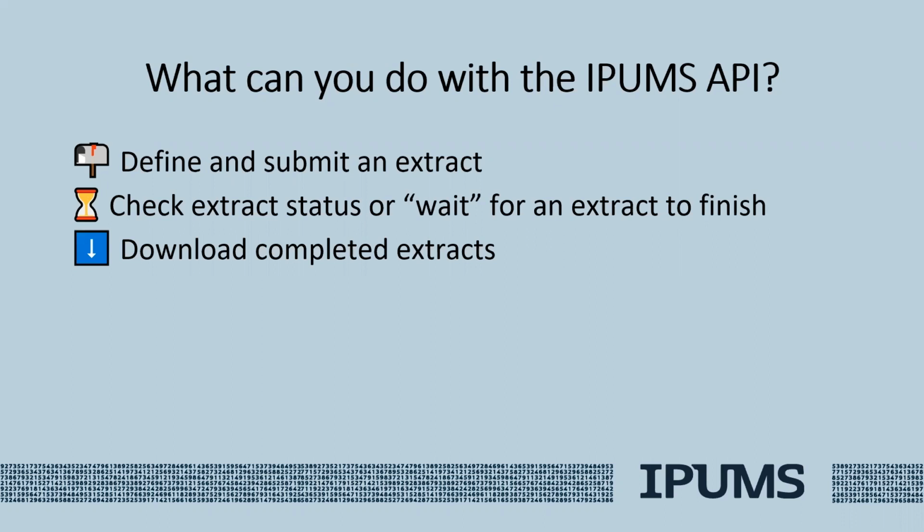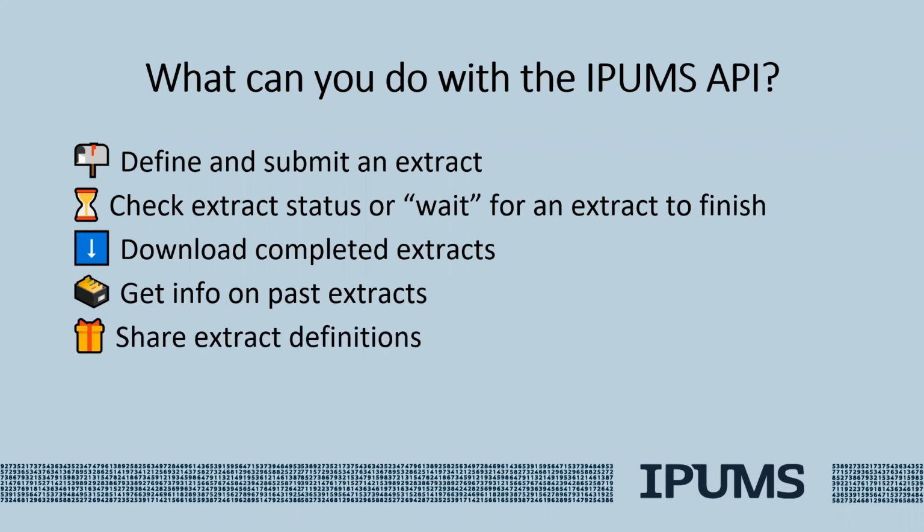You can download completed extracts. You can get info on extracts that you have submitted previously. And I think actually one of the cool things that you can do with the IPUMS API is share extract definitions with other users. And this is actually something that you can't do with the web interface right now.